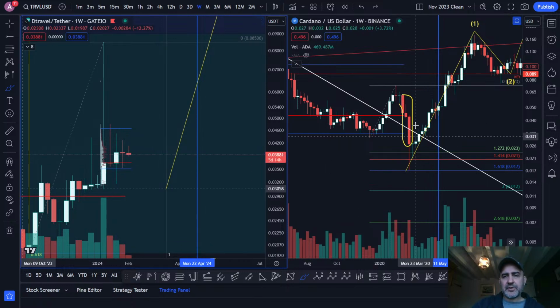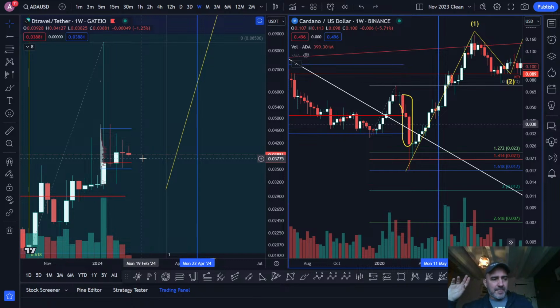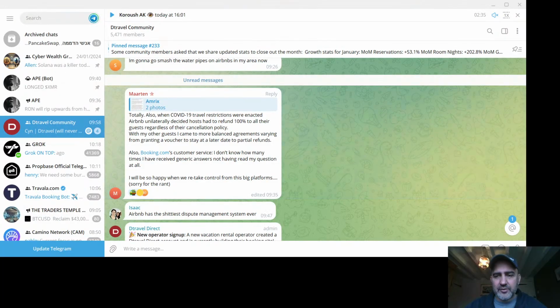We are on time for this, and there's a lot of anticipation for the big news from the Dtravel Telegram. I'm not really going to go into depth commenting about the Telegram, even though yesterday there was a little bit of a conversation being had there.